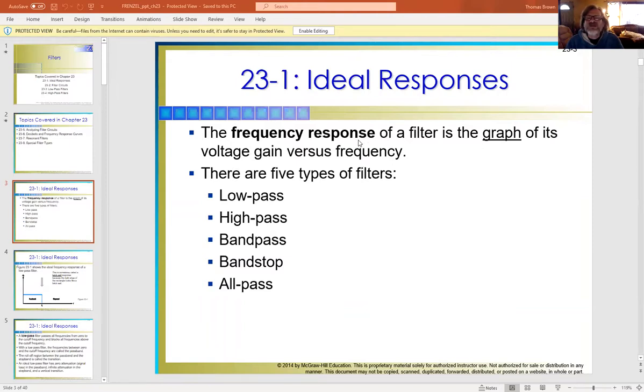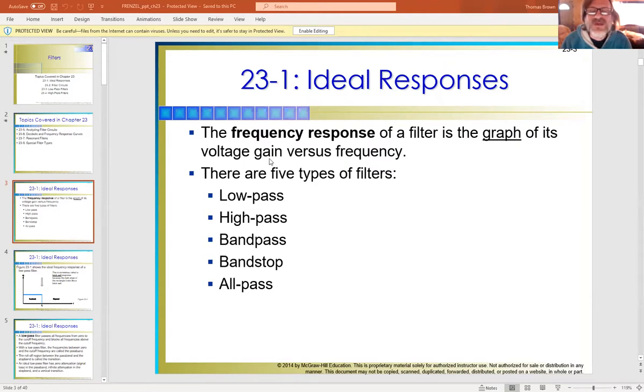So the way they measure it is like this. It's basic. Of course, everything we do is measured with one thing versus another. Now frequency response is what we're of interest in as far as filters go.